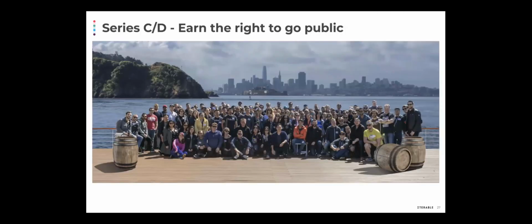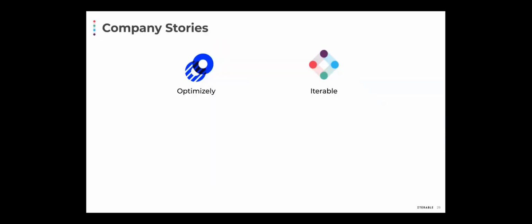All right, moving into the Series C and D. This is actually my favorite stage, earn the right to go public. So company stories, both Optimizely and Iterable are in San Francisco. I worked at them both. Optimizely had 250 to 500 employees, about 120 engineers, and about 6 QA engineers. They were founded in 2009.